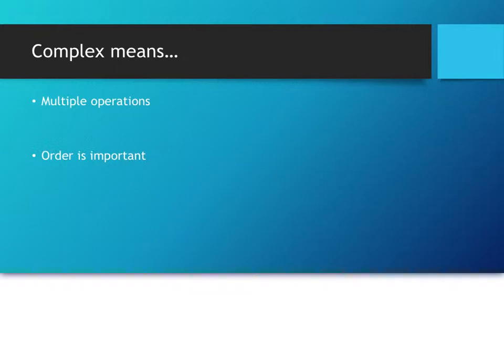And I will emphasize that order is important. Just like anytime you're in a situation in mathematics where you have to deal with multiple operations. So let's just take multiple arithmetic operations, something like 5 plus 3 times 4. Right? Order is important.